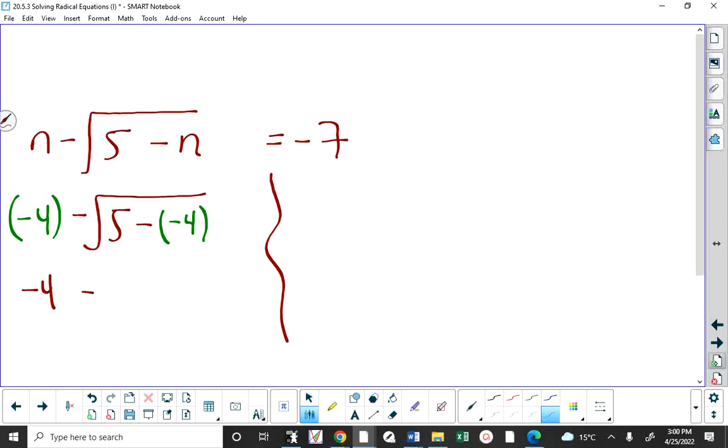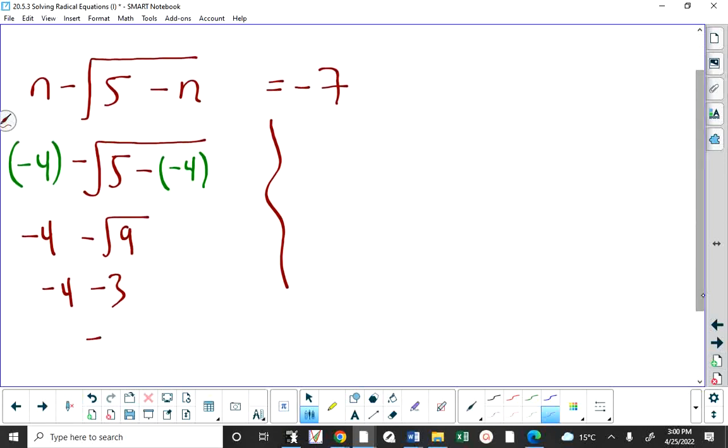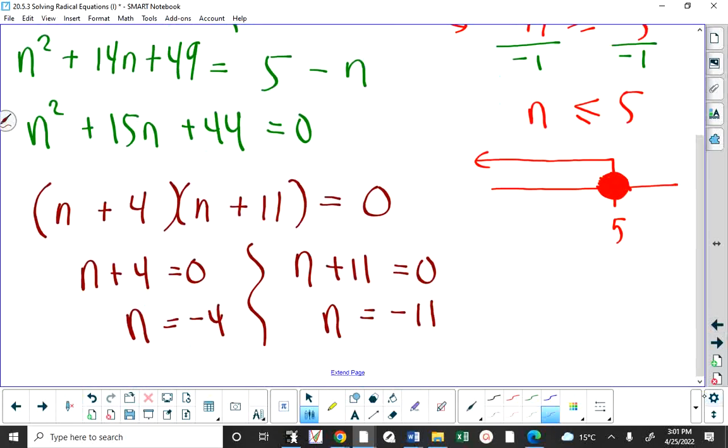Root 9. Root 9 is 3, so we get negative 4 minus 3. Well, negative 4 minus 3 is negative 7. And that's what we're supposed to get, right? So we go back over here to our work. And it's valid.